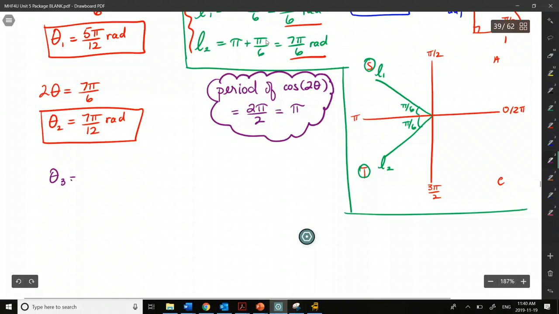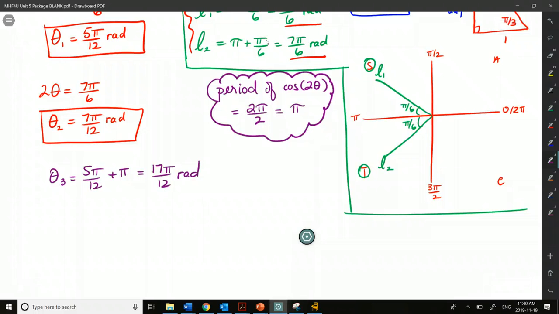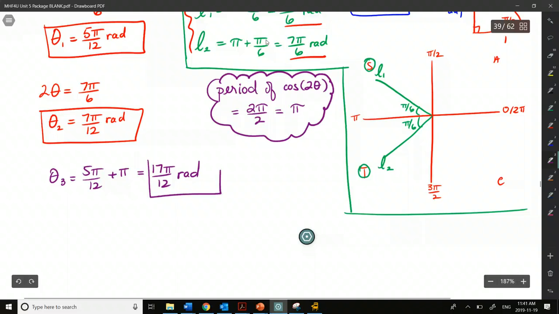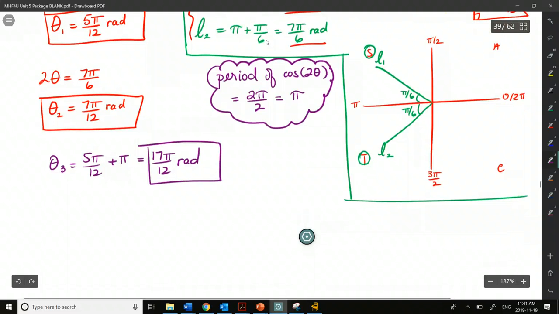So theta 3, I'm going to do 5 pi over 12 plus pi. So that will be 5 pi over 12 plus 12 pi over 12, giving me 17 pi over 12. Are we still between 0 and 2 pi? 2 pi is 24 pi over 12, right? 24 divided by 12 is 2. So I don't want to exceed 24 pi over 12 for this one. So we're good for that one.